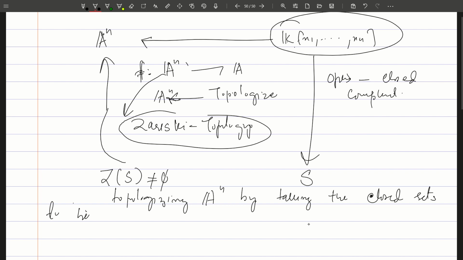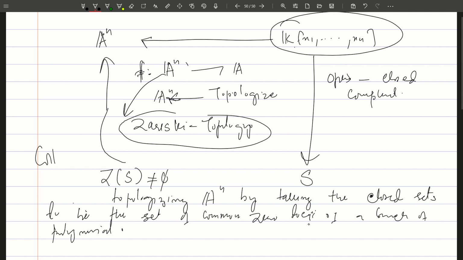Then this collection over here satisfies all the axioms of being a topology.